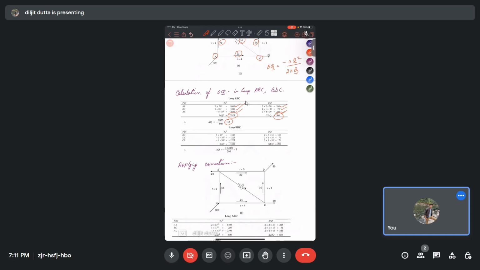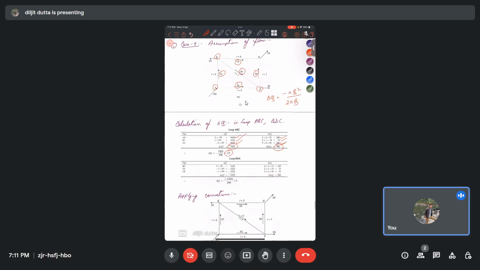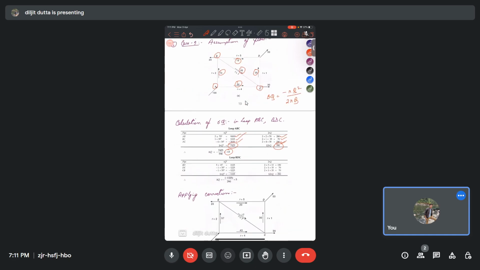Now similarly do this for loop BDC. For B and D it is clockwise flow, so positive 5 into 15 square, and 2RQ is always positive, 2 into 5 into 15. For DC it is negative since it is anti-clockwise, so minus 1 into 35 square, and 2 into 1 into 35.